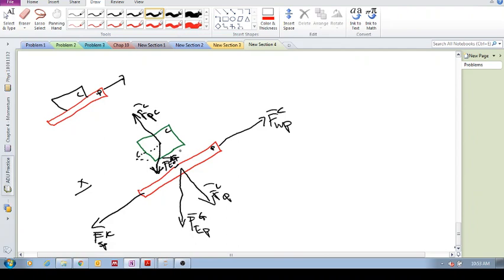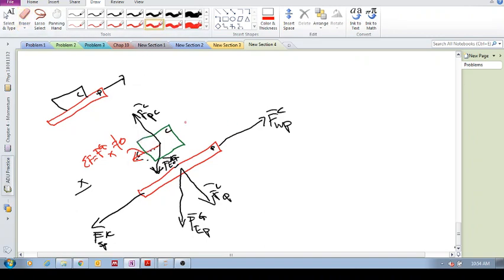So if we just had this free body diagram for the crate, it has this component here, which is your gravitational component in the x direction, which means that our sum of the forces is not 0. So if we just had this, then it would be sliding down. There would be an acceleration down.